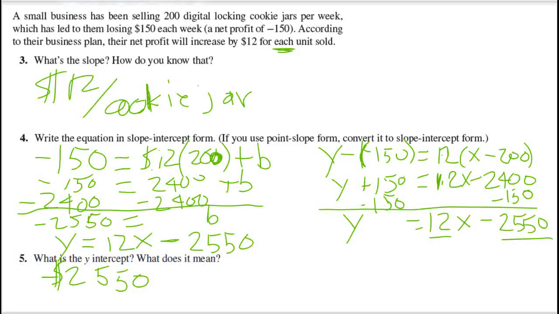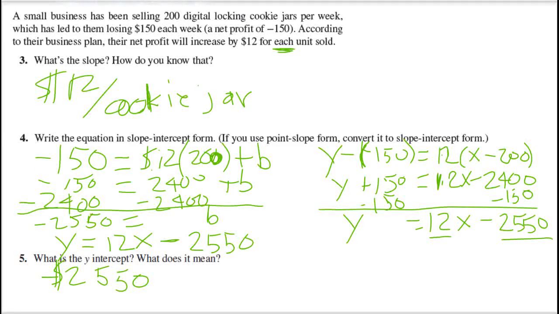What does it mean? It means that when we calculate the profit, we take the cookie jars times 12, because our profit increases by 12 for every cookie jar. We actually have fixed costs. Whether we sell a cookie jar or not, we have costs associated just with owning the property where we make the cookie jars.